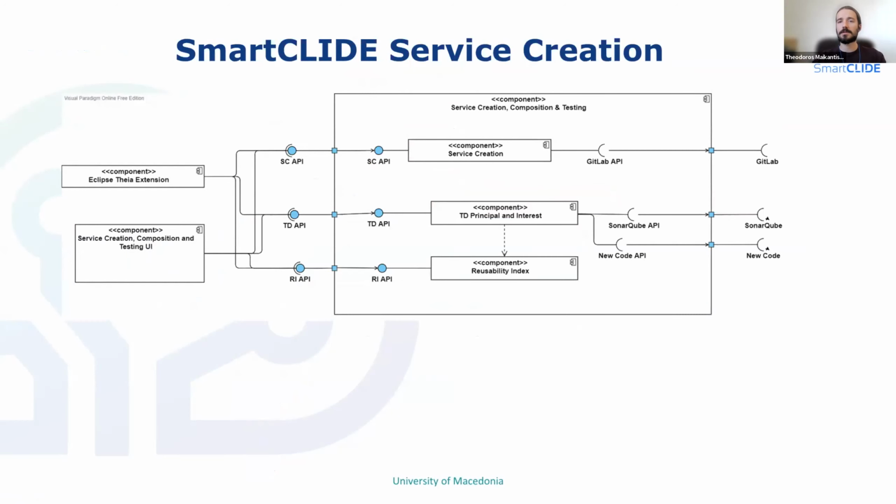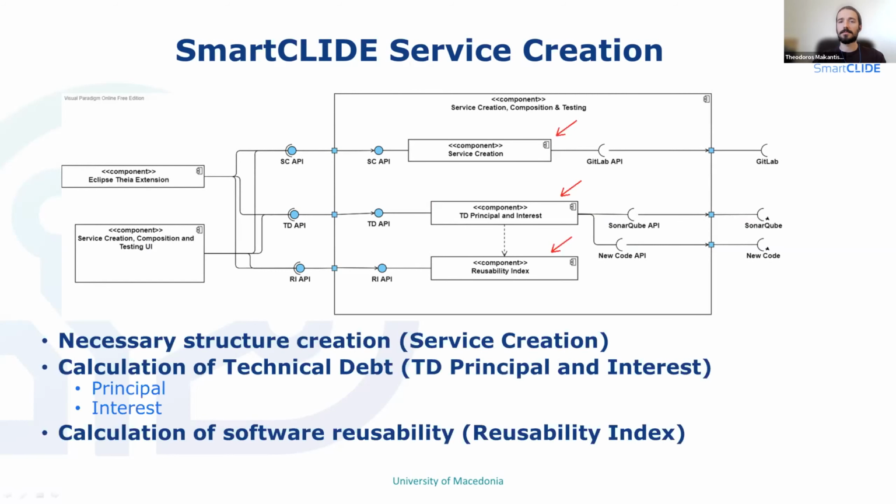We came up with this form of operations to facilitate the development process, where we created 3 services that cover and automate many of the time-consuming and tedious steps of code development. These are the following: the necessary structure creation, the calculation of technical debt, more precisely principal and interest.